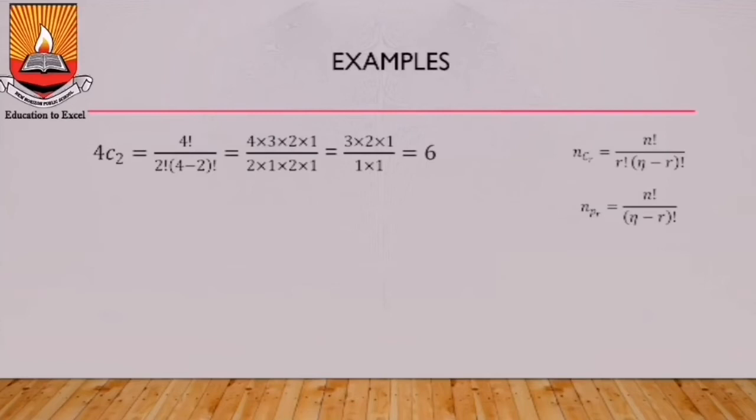So 4C2 is equal to 4 factorial upon 2 factorial into 4 minus 2 factorial. And when you expand these and solve it, you would get 4 into 3 into 2 into 1 upon 2 into 1 into 2 into 1. So when you solve this, you get 6. And guess what? The combinations we had got in the previous example where we had letters was 6, right?